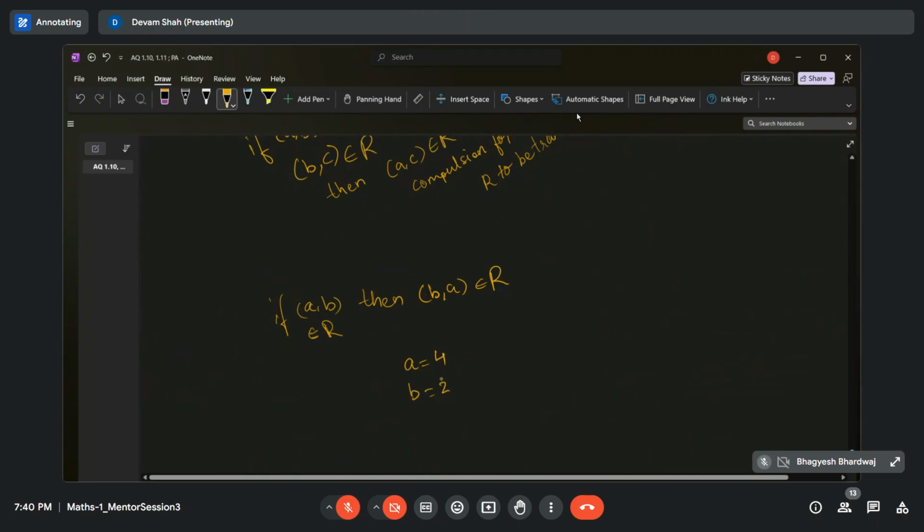Both are even. Now, what is 4 by 2? That's 2, an integer. So it's valid that 4 comma 2 will be present. But now coming to 2 comma 4 again. What will happen here is 2 by 4 gives you a fraction, which is not an integer.